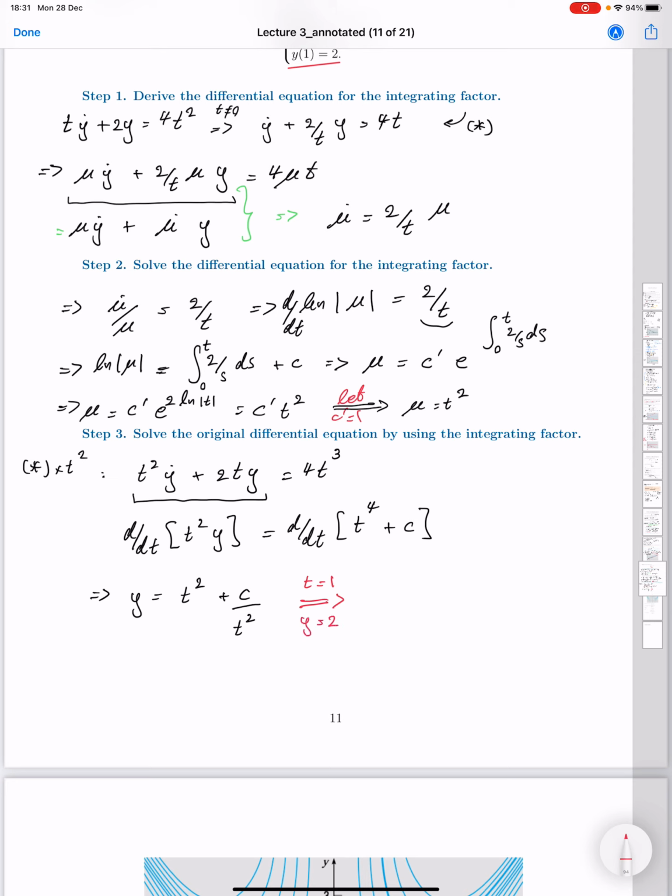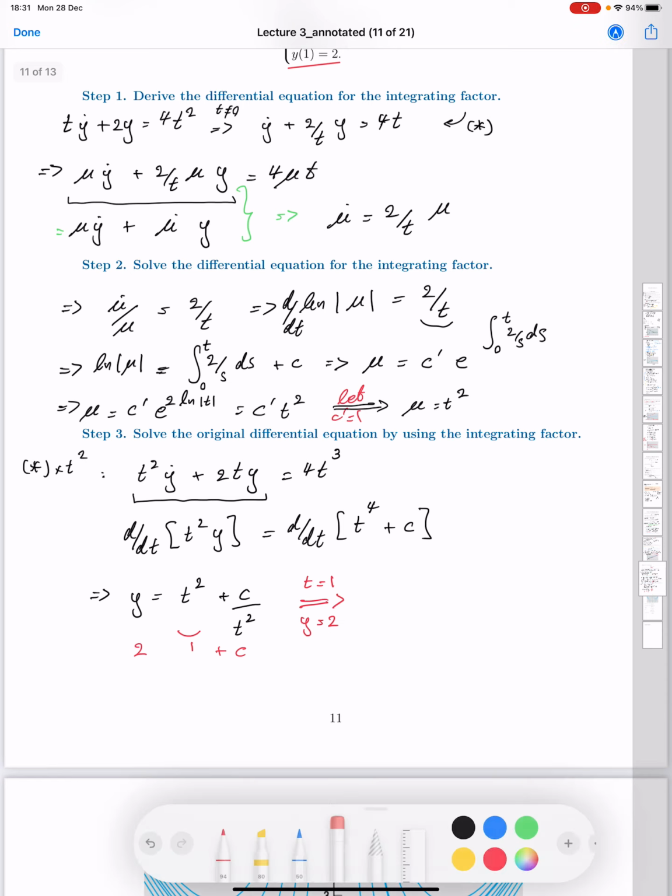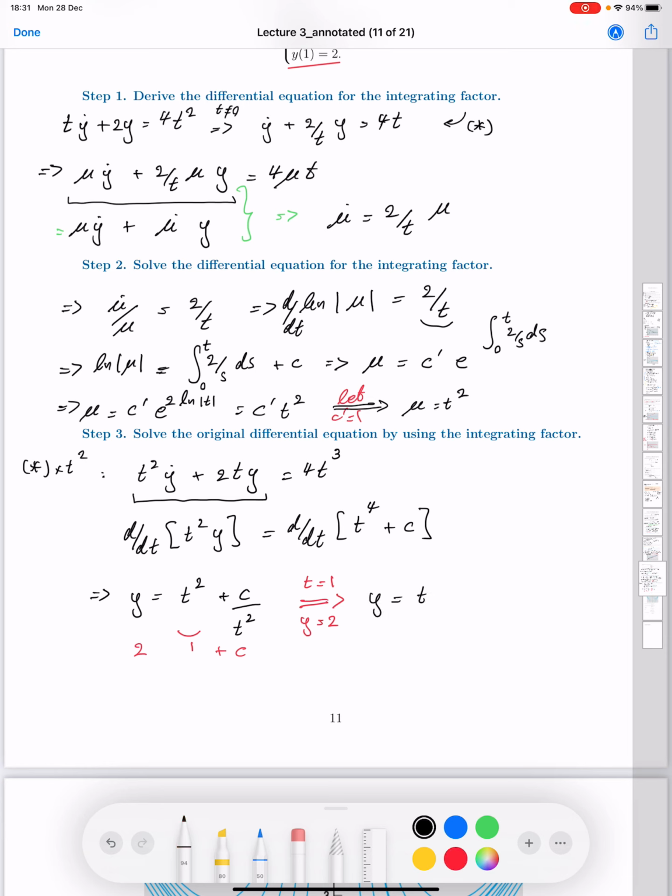So if I put 1 here, then I will have c here, and I should have 2 over here, so c should be equal to 1. That's a nice equation. So that results in y equal to 2t squared plus 1 divided by t squared.